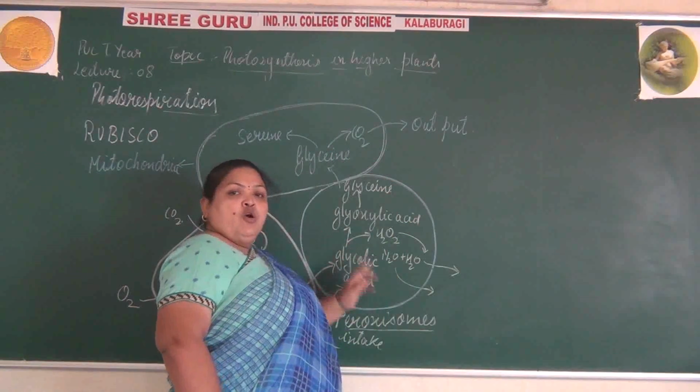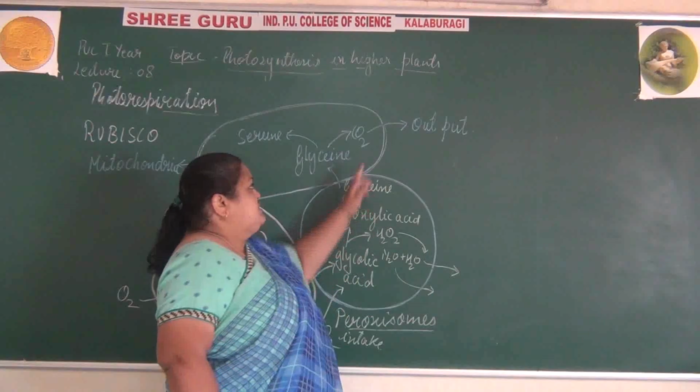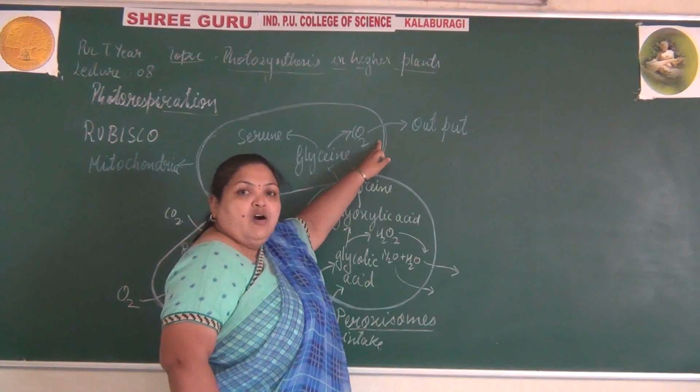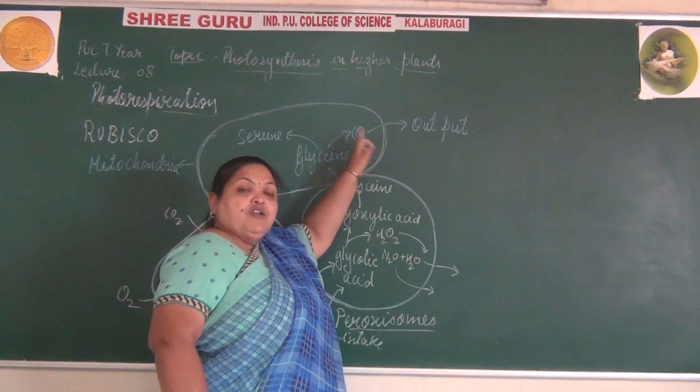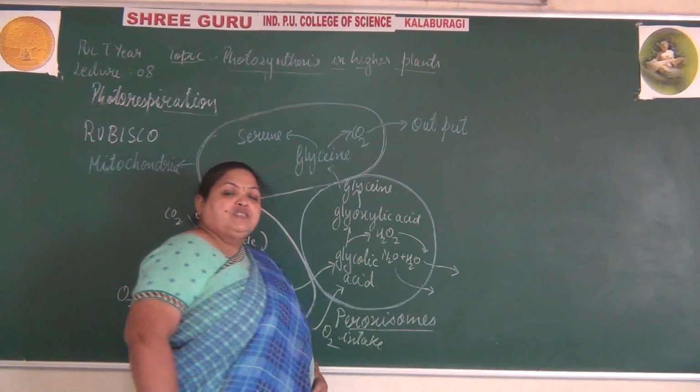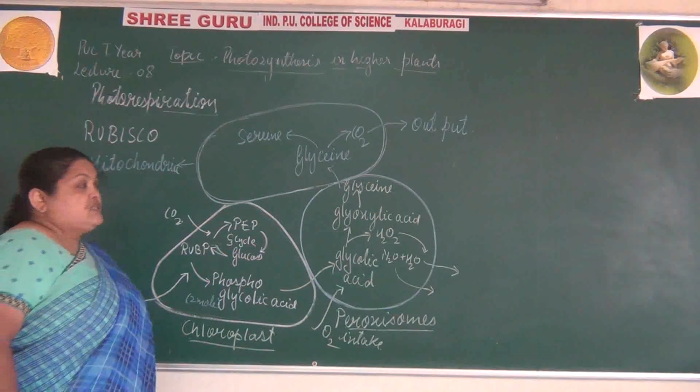So in this whole process, in all these reactions, there is release of carbon dioxide. So an excess amount of carbon dioxide is being released. Why?